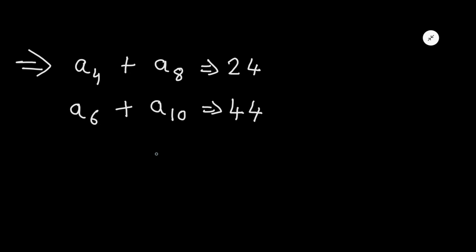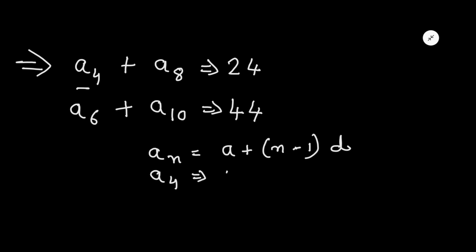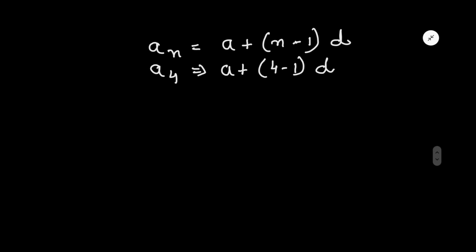As we know, the formula for nth term is given as a plus (n minus 1) into d. So first we will find a4, which is a plus (4 minus 1) d. So a4 is equal to a plus 3d.